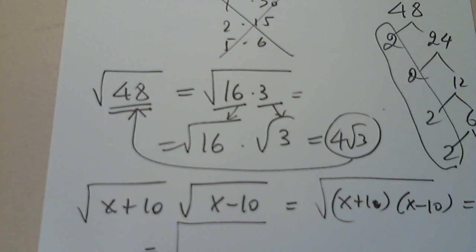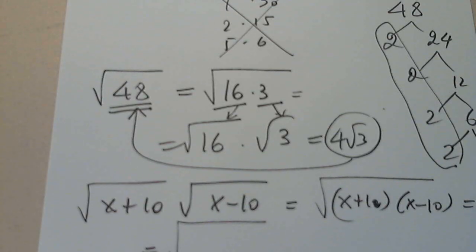What do we get when we multiply x plus 10 by x minus 10? A plus b times a minus b. It's the difference of squares formula.